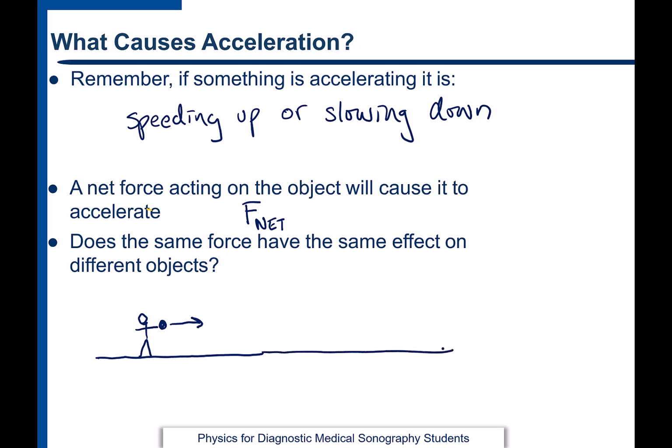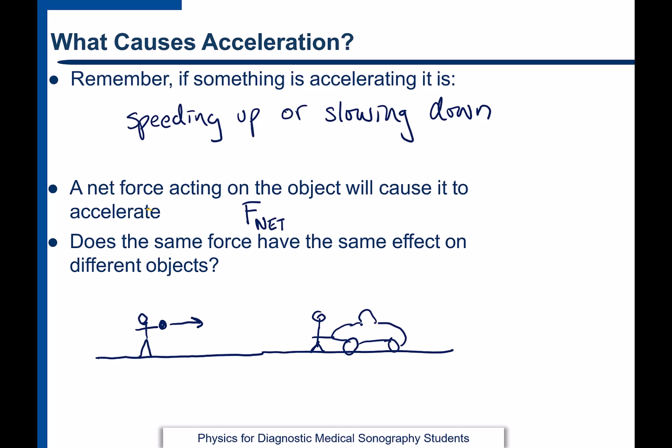But what if instead you exerted the same force on a car? Well, even if the car was in neutral and the brake isn't on, if you exert the same force on that car, you're certainly not going to get that car moving as fast as you can get the baseball moving.